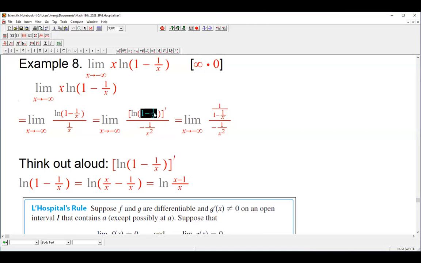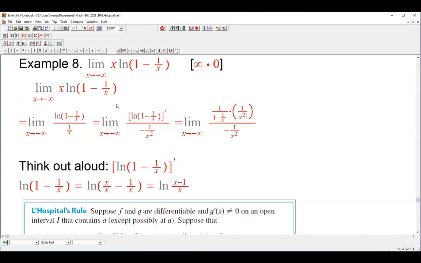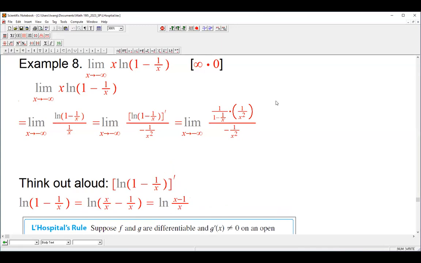And then take the derivative of 1 minus 1 over x. The derivative of 1 is 0, the derivative of negative 1 over x is positive 1 over x squared. So we apply the chain rule. You see here, we can't use the quotient rule. So now what kind of situation do we have here?